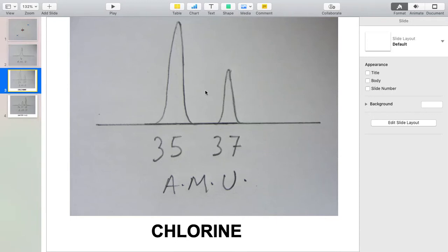Now, another thing to consider is if we can only measure integer masses with a mass spectrometer, that's probably fine for looking at elements in the periodic table because they all tend to have different masses.